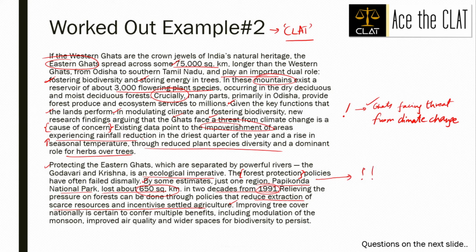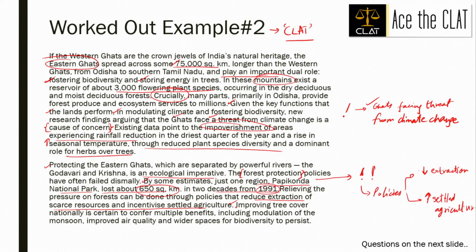One national park has lost so much of its park in the last 2 decades, and author presents a solution: relieving the pressure on forests can be done through policies that reduce extraction of scarce resources, which means we need to reduce extraction of resources, primarily scarce resources that are already scarce, and we need to promote settled agriculture.